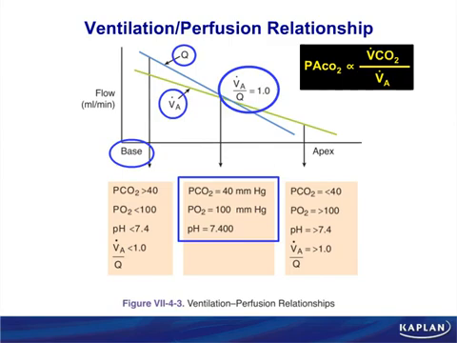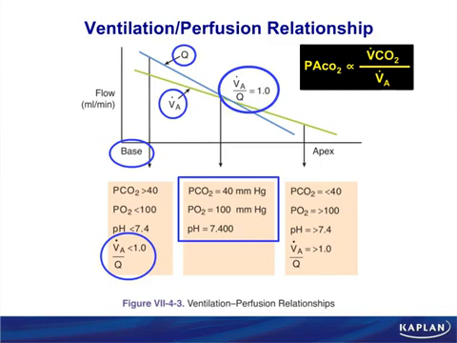All right, so notice, as I move toward the base of the lung, VQ is going down. Yes, I have more ventilation than the apex, but proportionally I have even more blood flow. Notice the lines. Even though both are greater than the apex, the blood flow is higher than the ventilation, so VQ is going down.